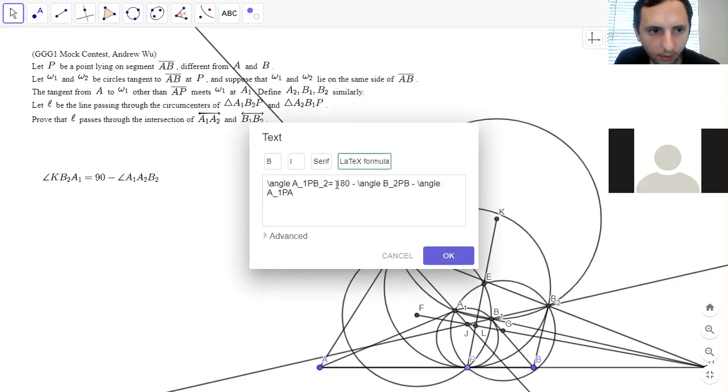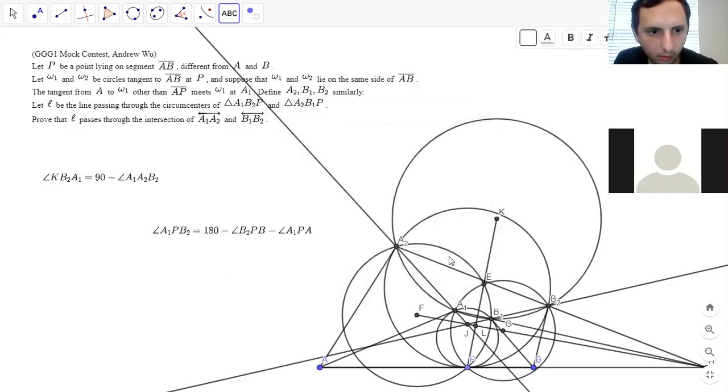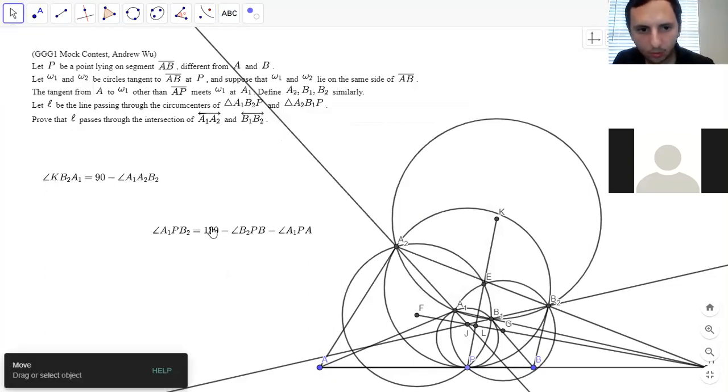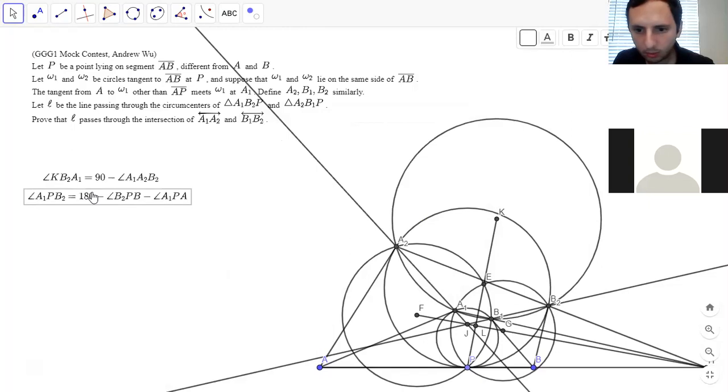And angle B2 PB is equal to B2 A2 P. B2 A2P.